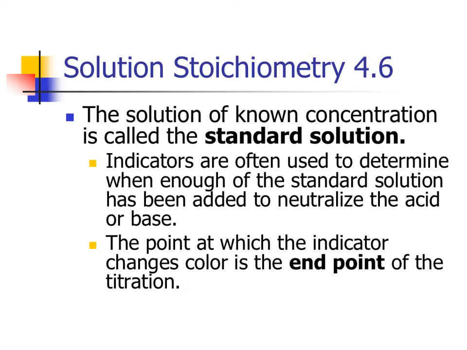The tricky thing is the endpoint that you see, the color change, especially with phenolphthalein, is when it goes from an acid to a base. It's just when it goes over the top, and it's not a lot.